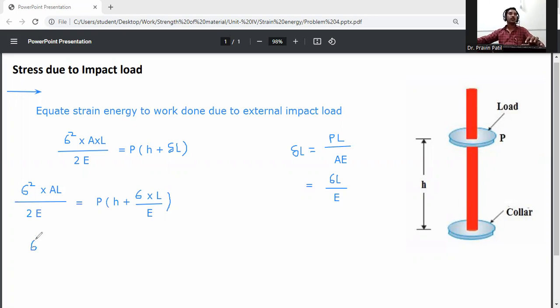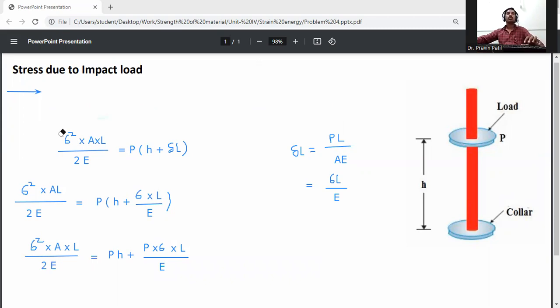So sigma square into A into L divided by 2E is equal to P into H plus P into sigma into L divided by E. So write down the final equation.